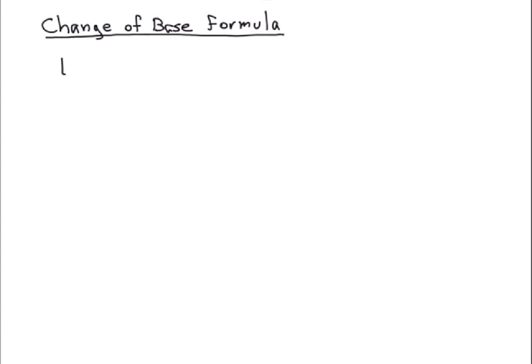Now there's one more property that we're going to use, and this is the change of base formula. And it says that log base a of x equals log base b of x over log base b of a.